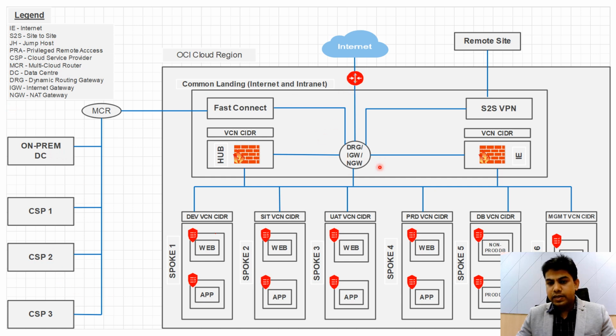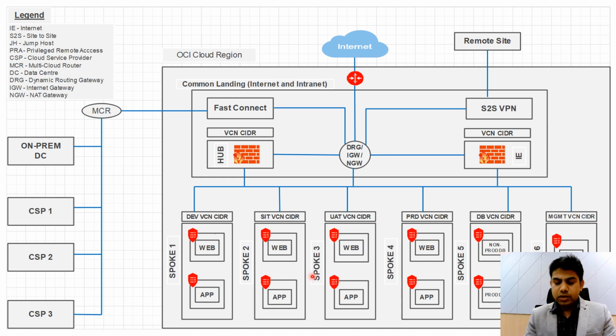It's going to hit the DRG. DRG is a router in OCI, which will forward the traffic to the firewall. That's where IDPS plus whitelisting and blocklisting features are enabled. Based on the whitelisting rules, the traffic is going to be allowed or blocked. If the traffic is found to be legitimate, it is going to be allowed to the spoke VCN.